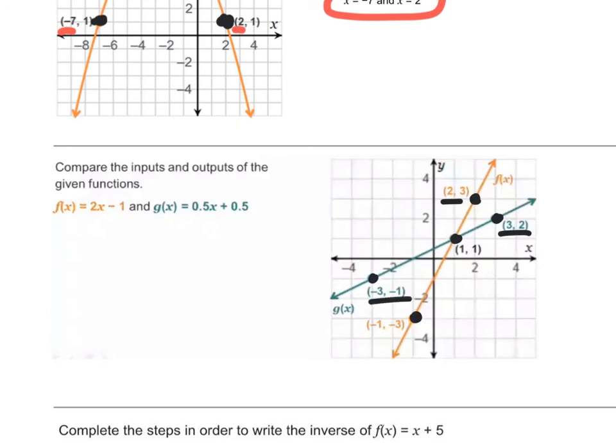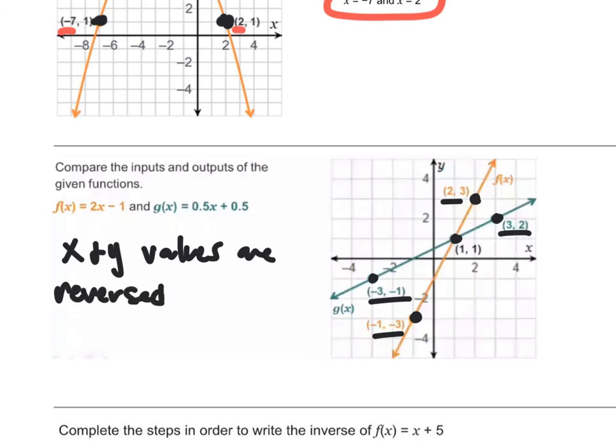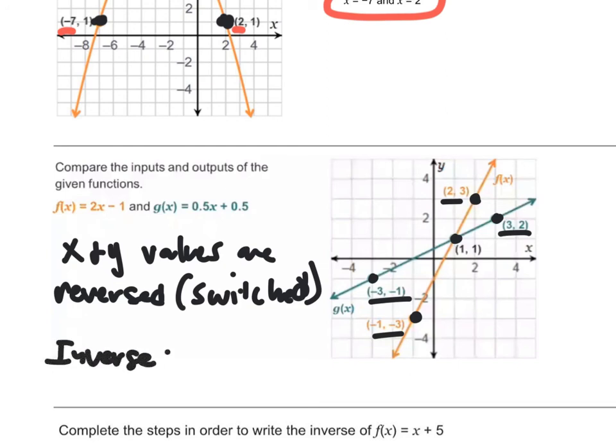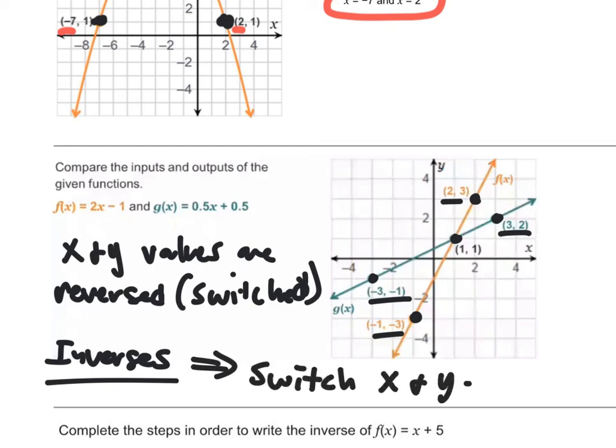Between these two, the x and y values are switched, or reversed. When that happens, that means that these are inverses. Inverses means that you switch the x and y values.